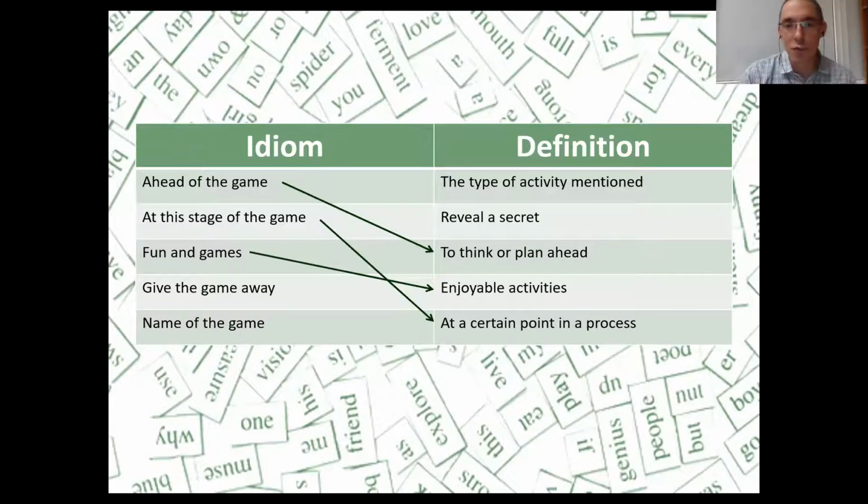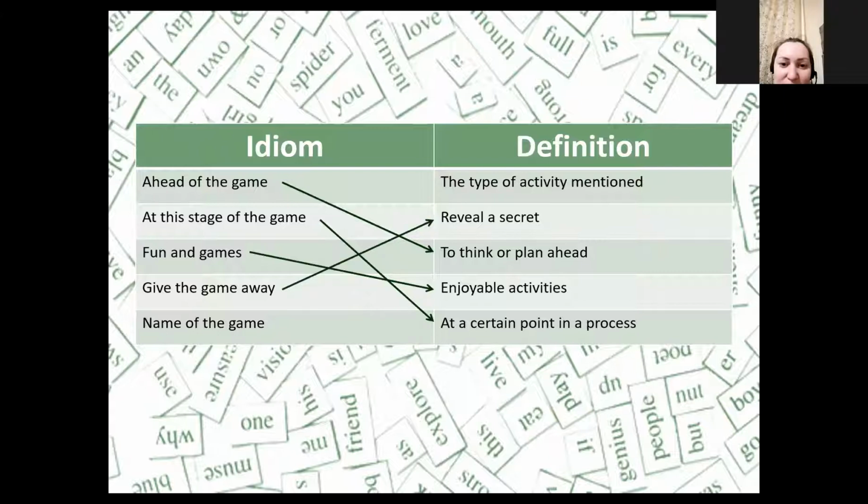Okay. How about to give the game away? To reveal a secret. You got it. Correct. To reveal a secret. So if you are planning some surprise birthday party and you accidentally say something, you say, oh no, I gave the game away. And the final one, of course, the name of the game.